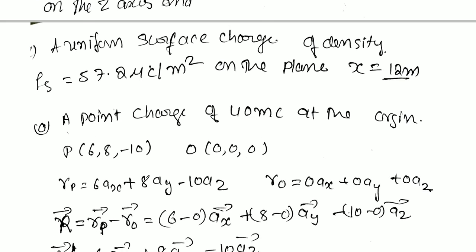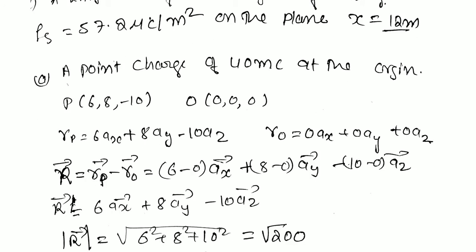First we will take a point charge of 40 microcoulomb at the origin. So the point charge is present at your origin, and the measuring point is present at 6, 8, minus 10. First we will calculate the unit vectors at P and O. The position vector at P is given by rp is equal to 6ax plus 8ay minus 10az, and the position vector of r0 is given by 0ax plus 0ay plus 0az.